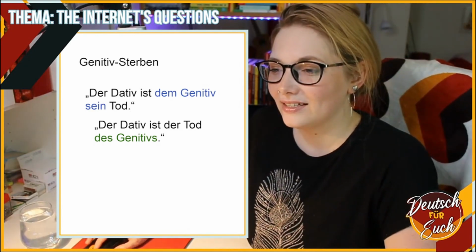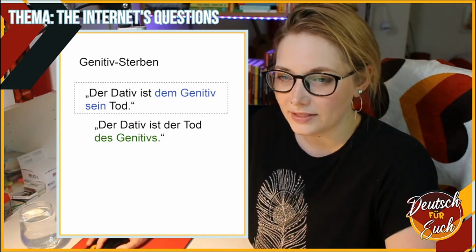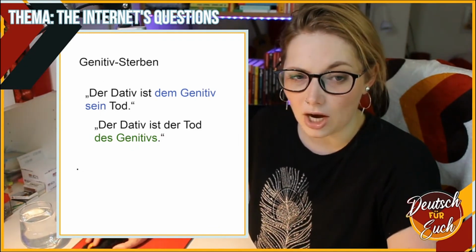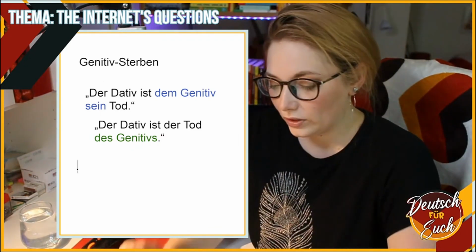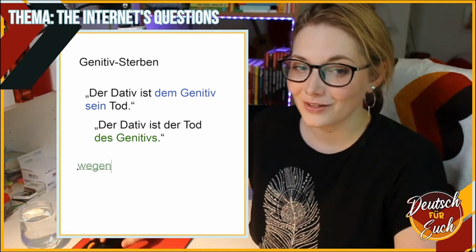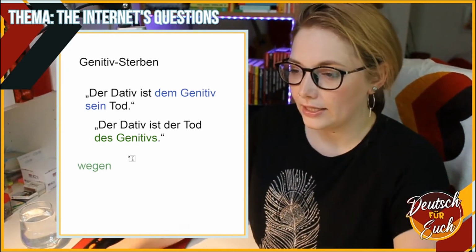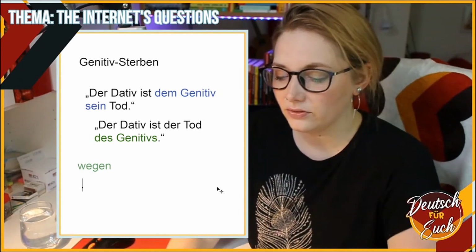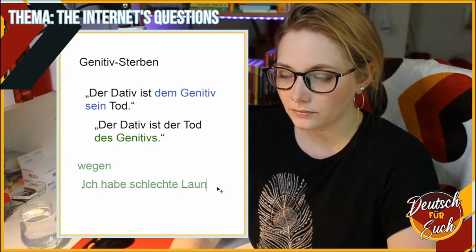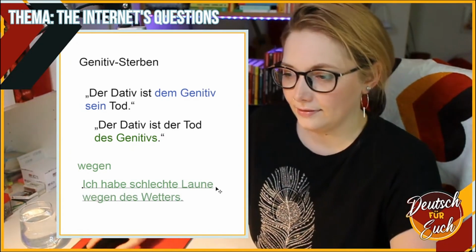So the genitive is disappearing in a lot of things. One thing I already mentioned, that's the possession thing, and then another common context is with the preposition wegen, which triggers genitive. One of the rather few prepositions that triggers genitive, meaning if I use wegen, it should be ich habe schlechte Laune, I'm in a bad mood, wegen des Wetters.